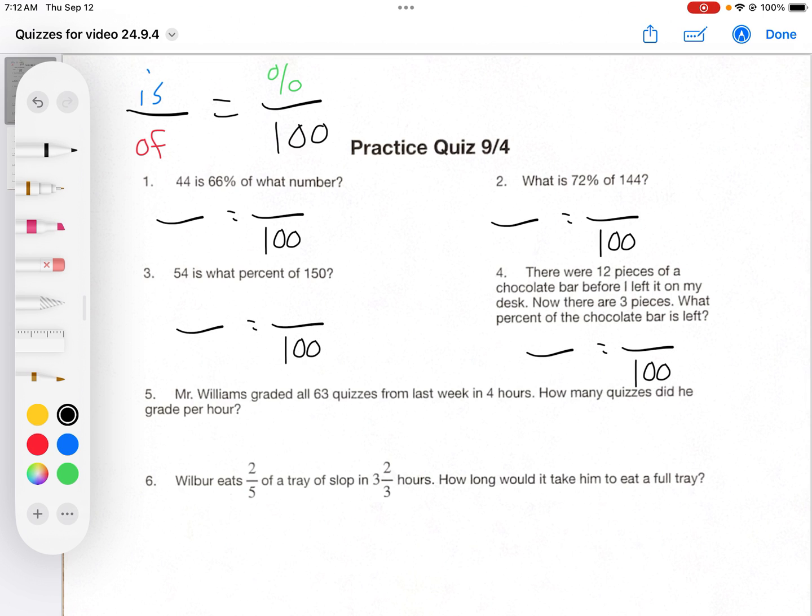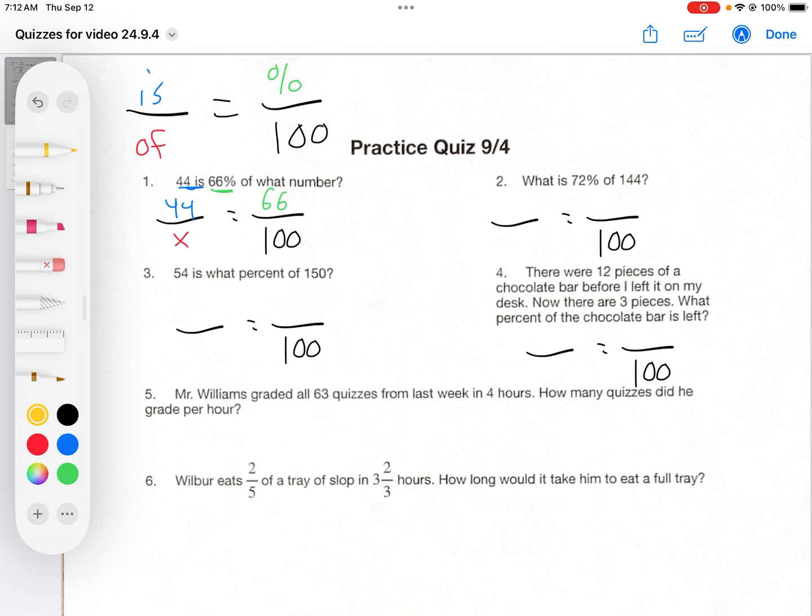If I look at number 1, I'm going to start that by reading 44 is 66% of what number?